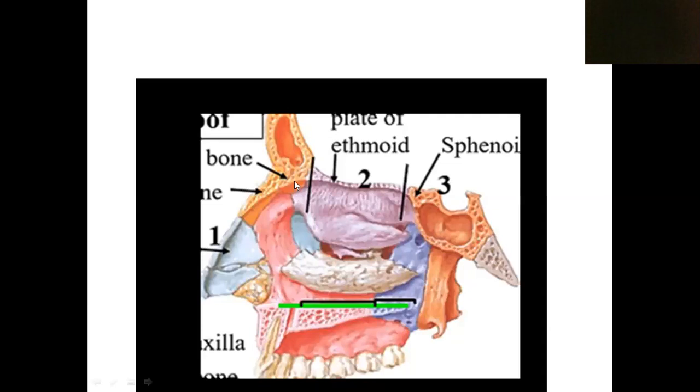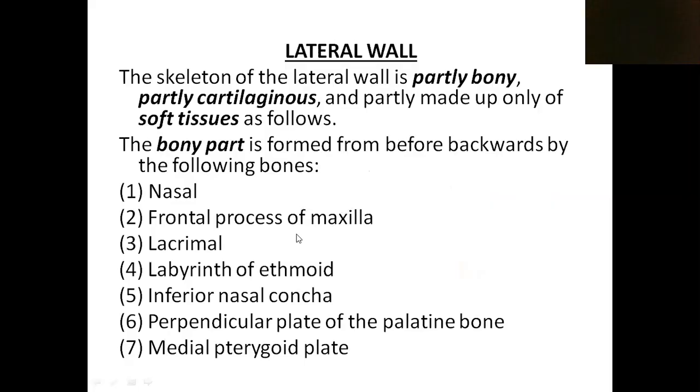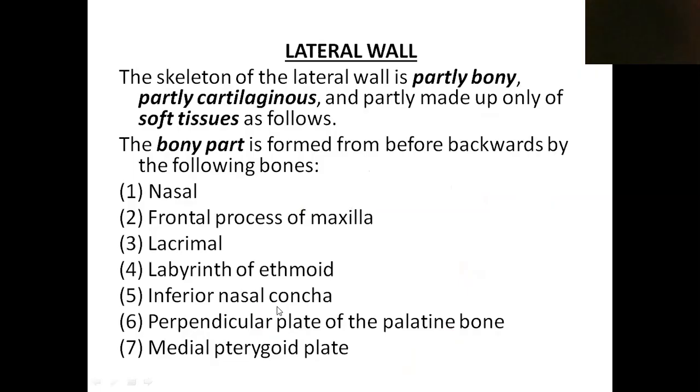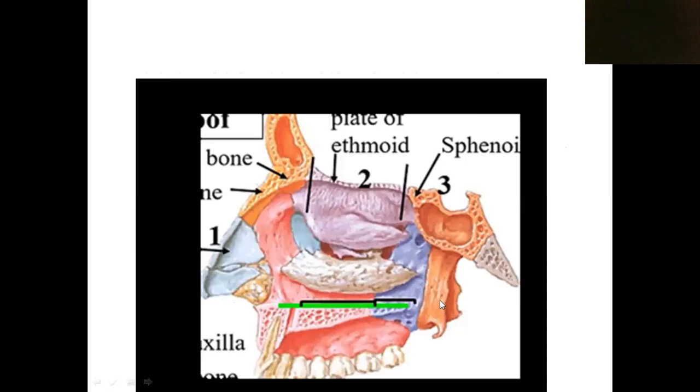In this region comes the lacrimal bone. It is not clear in this diagram. See, here comes the lacrimal bone, the ethmoid bone, the labyrinth of ethmoid bone. Then below that, the inferior nasal concha, then the perpendicular plate of palatine bone, and the medial pterygoid plate of sphenoid bone.